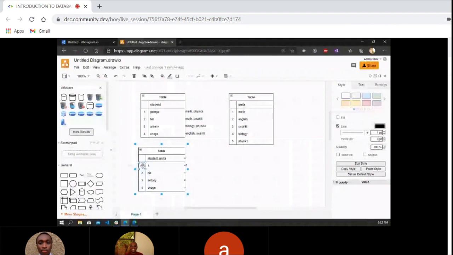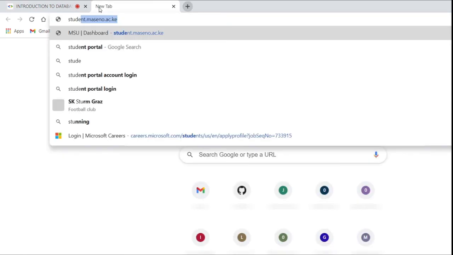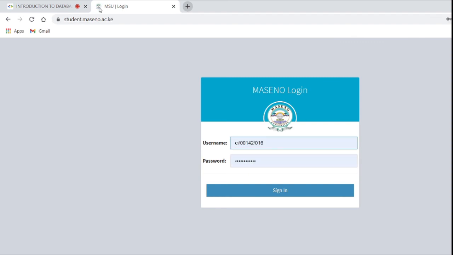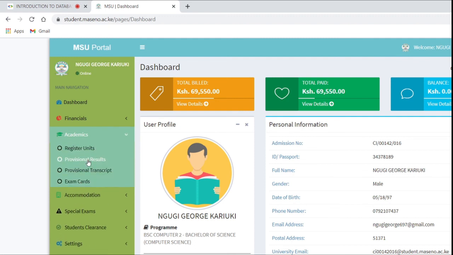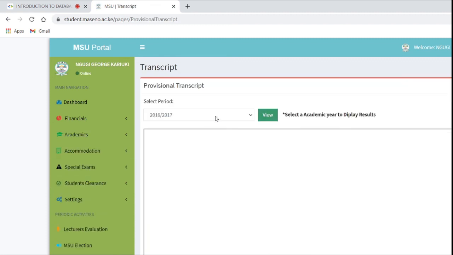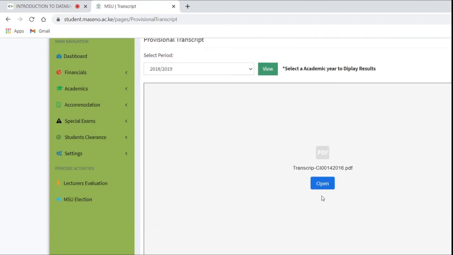Okay, we have ID number 1, being student ID number 1, George, doing unit number 1, maths. Then ID number 2. The unit number 2 would be George. The primary key number 2 would be student 1, so remove the 2, put 1.